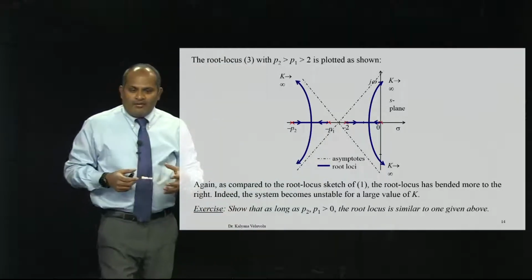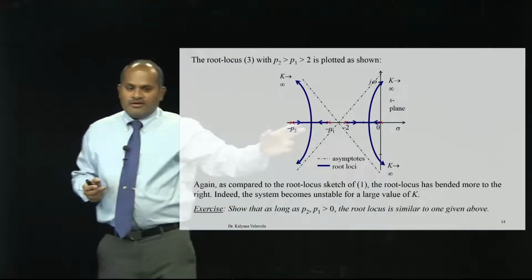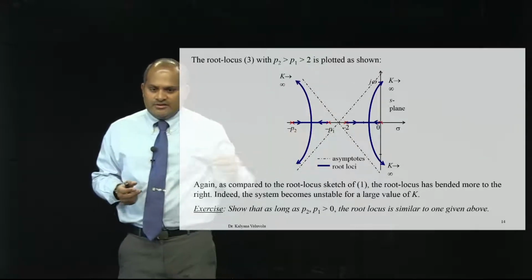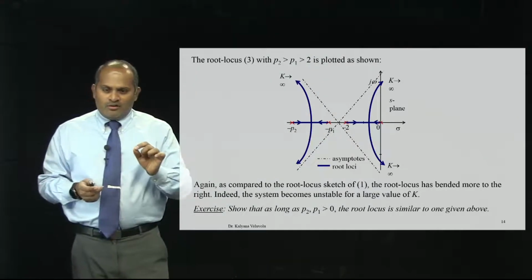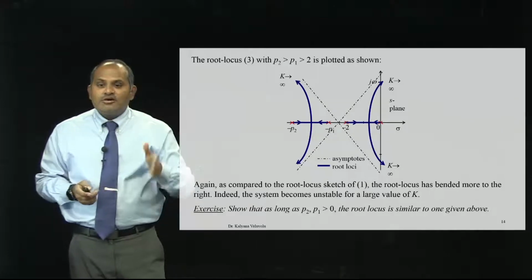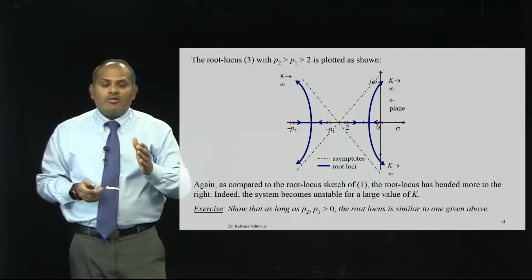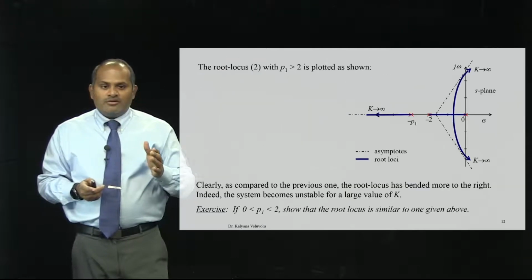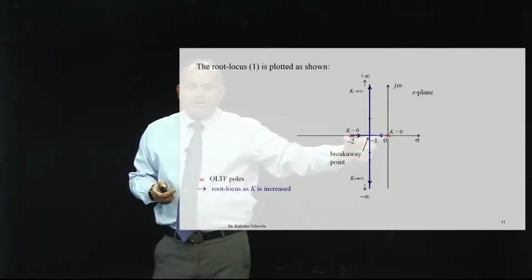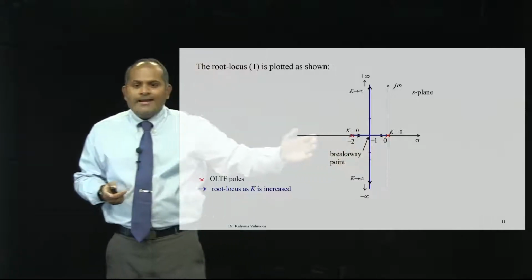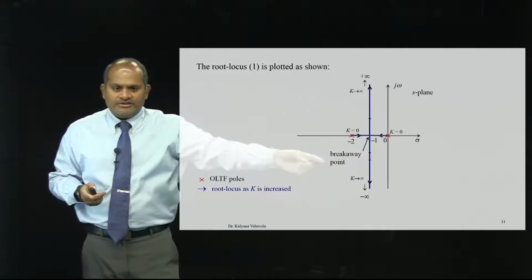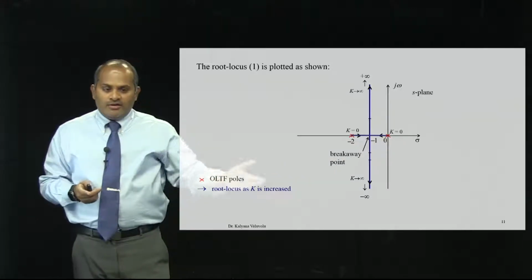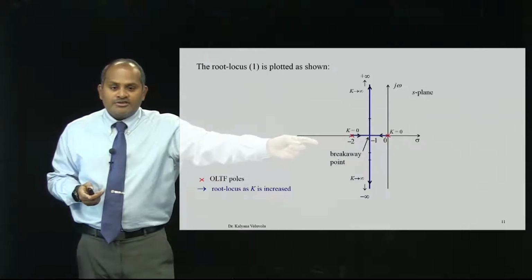When you have two poles, we saw that the root locus never crosses the imaginary axis. By adding one pole, the system which did not cross the imaginary axis now crosses it. If you see the first case, when I only have two poles, this never crosses the imaginary axis. This system is stable for k equal to 0 to infinity. For any value of k, this system is stable.